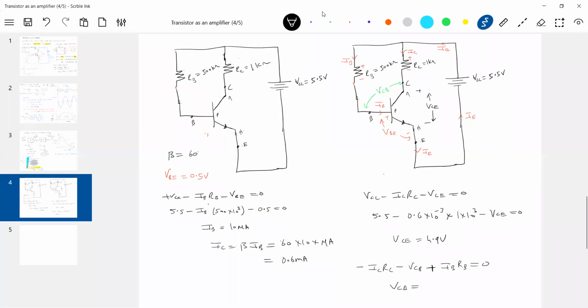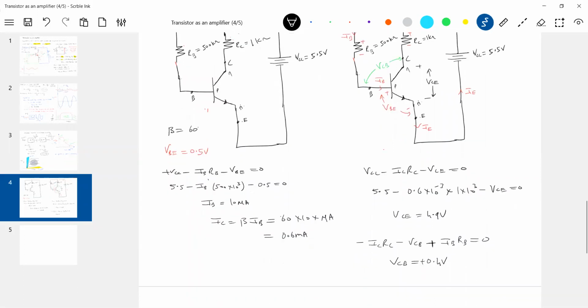Sir, 0.4. Plus or minus? Plus, sir. Plus only, yeah. So what shall we say? Yes, collector base junction is reverse bias. So what is the conclusion I can make? Therefore, looking at the data, collector base junction is reverse bias. Base emitter junction is forward bias.